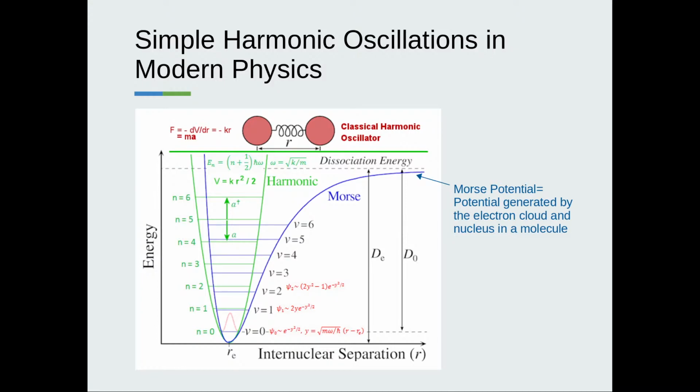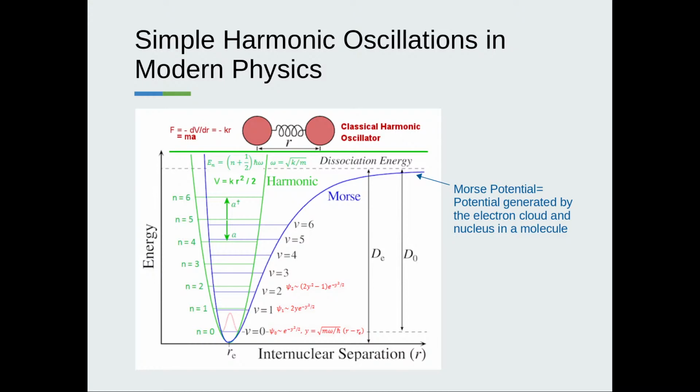Yeah, I think that's the name of the discoverer. And here the horizontal axis, this is the internuclear separation. So this is changed by the distance, by the equilibrium position of the 2 molecules. Okay. And what they do is they do oscillation. So this is not the same as the simple harmonic oscillation that I just showed. We just take the center of them, and the 2 molecules are oscillating this way.